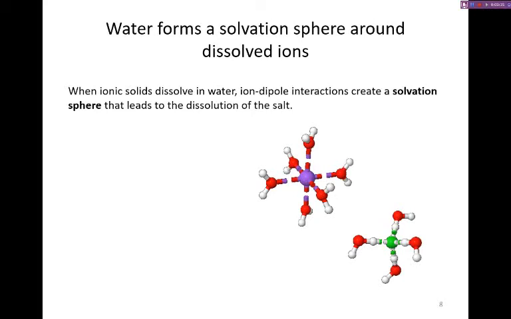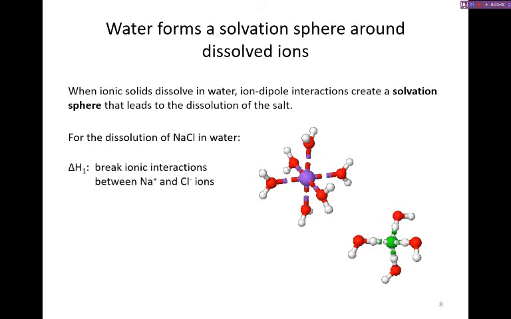We already looked at this a little bit, but it's important to realize that when water dissolves ions, it forms a sphere around those ions. And we call this a solvation sphere. This leads to the dissolution of our salt. So for the example of sodium chloride and water, we break the ionic interactions between the sodium and chloride ions.